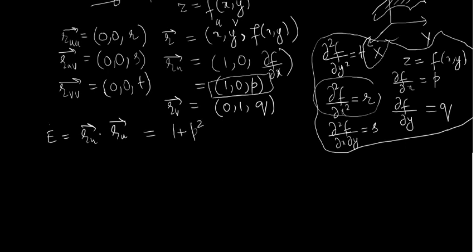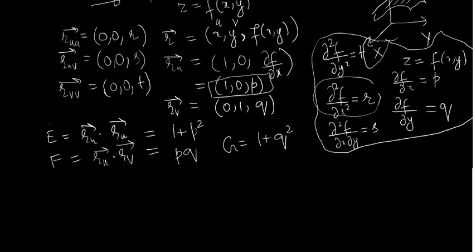And similarly, you have F. You have to take the dot product of this vector and this vector. It is basically r u dot r v, which is equal to simply pq. And if you take G, you have to take its dot product with itself, so it will be 1 plus q square. Now this is very easy.